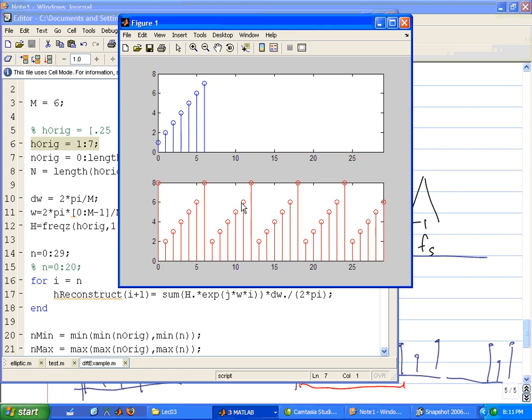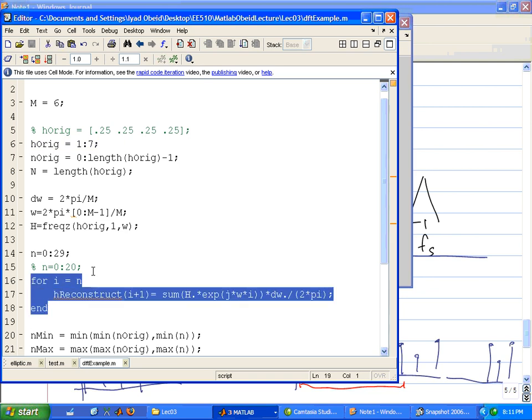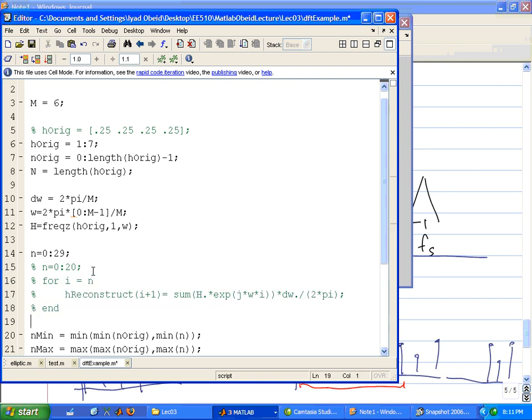Ooh, okay, that's a good question. Yes. I think you can use, let's try this. There's IFFT. I'm just wondering if it'll do exactly the same thing as this.